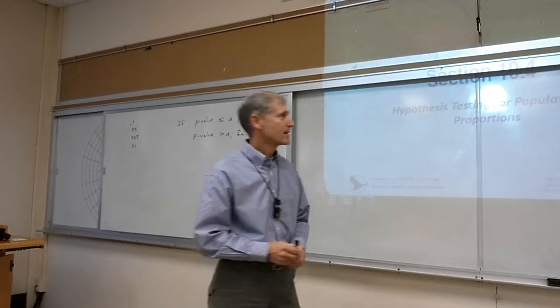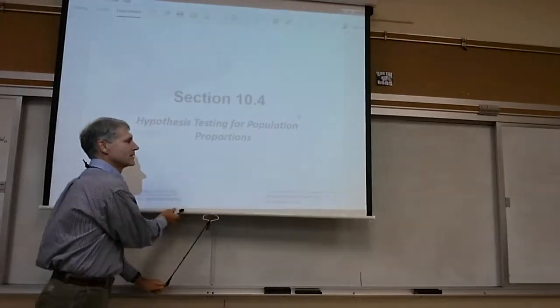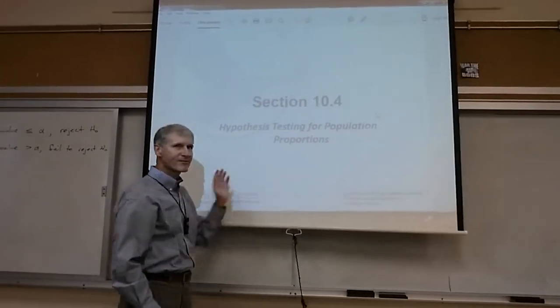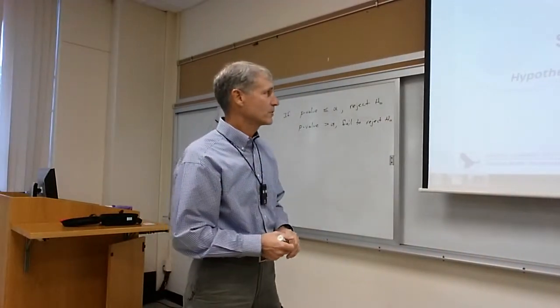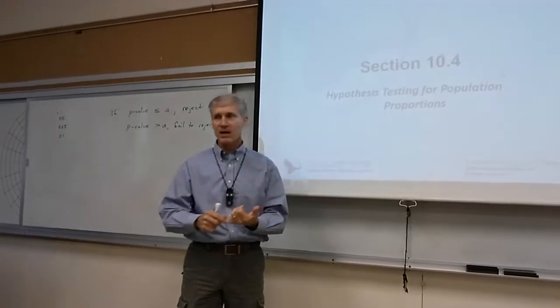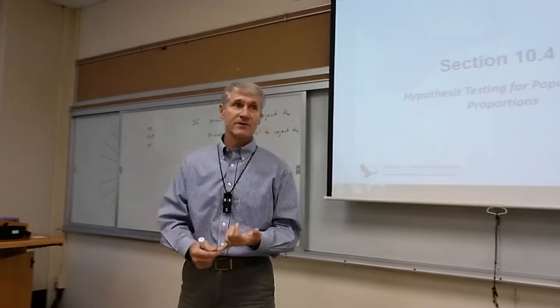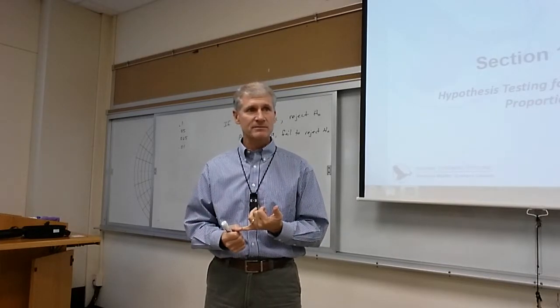No? All right. We're going to do section 10.4, which is the same stuff, but for proportions. So when we do hypothesis tests for population proportions, this will mimic what we did when we did confidence intervals for population proportions. Same assumptions have to be met.